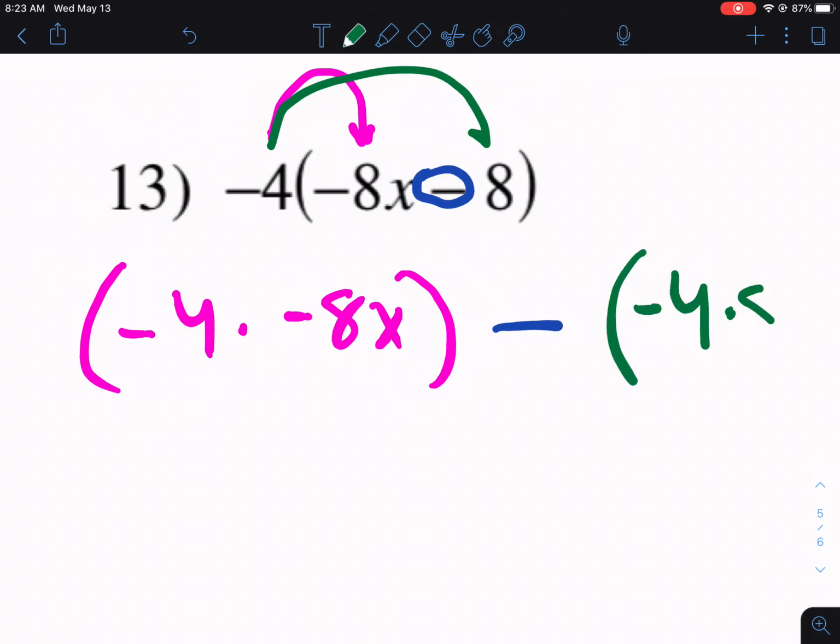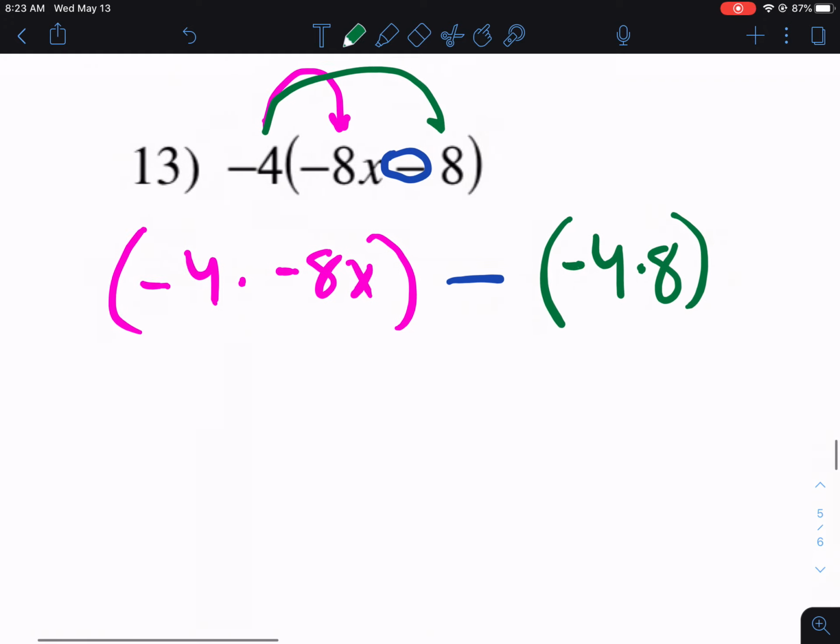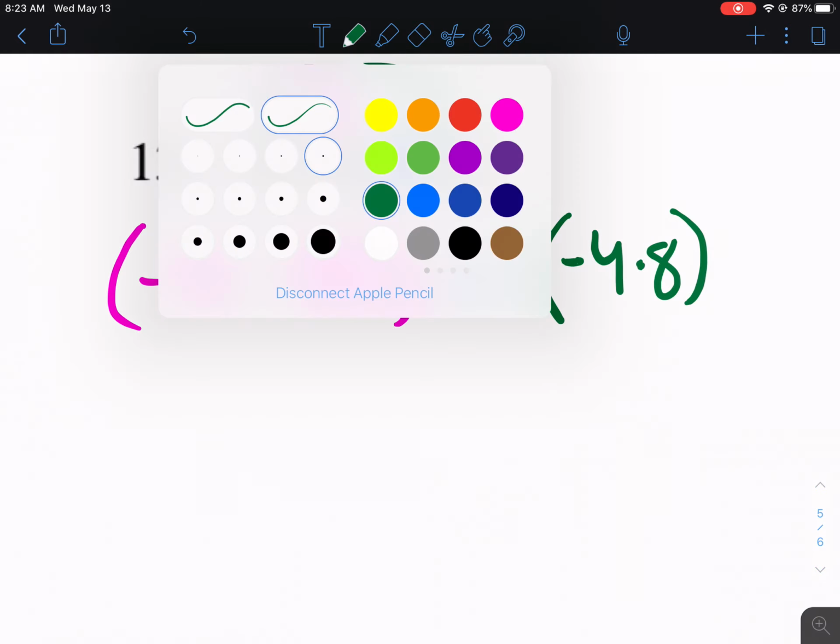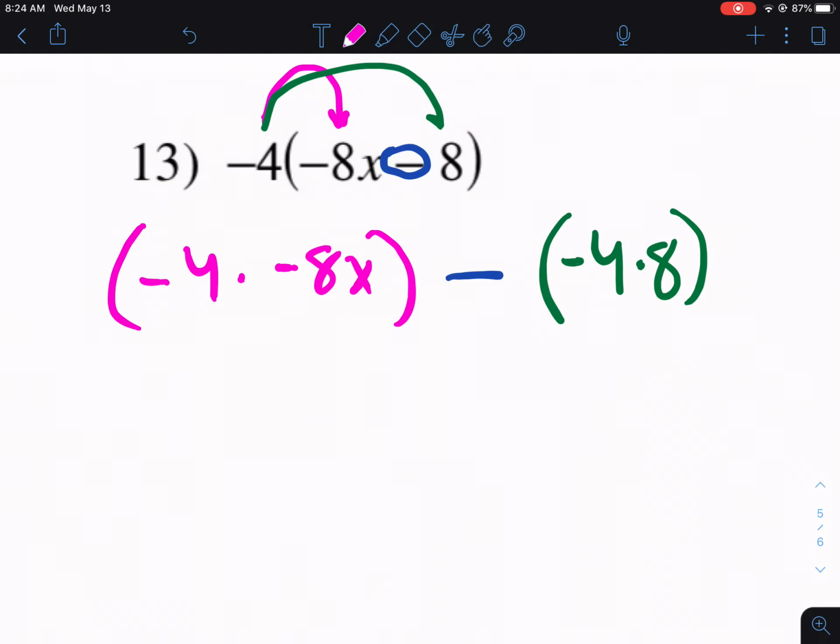Negative 4 times 8. Here, same signs. Los símbolos son iguales. Negativo por negativo. Negative times negative is positive. Negativo por negativo es positivo. 4 times 8 is 32. 32 x.